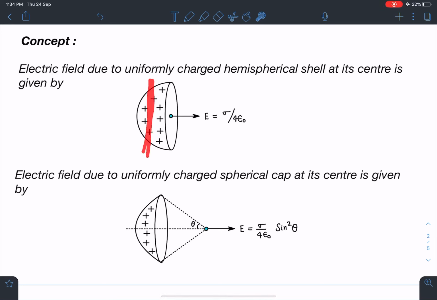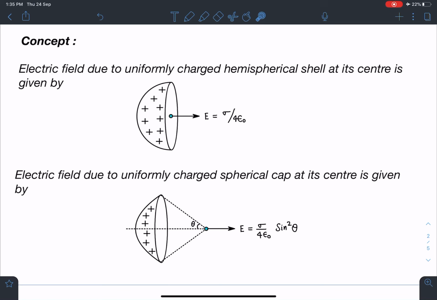If I take this part of the sphere, it will generate a cap kind of thing, and let's say that cap subtends a half angle of theta, as shown in the diagram. In that situation, the electric field at the center C of this sphere is going to be sigma by 4 epsilon naught sine square theta.